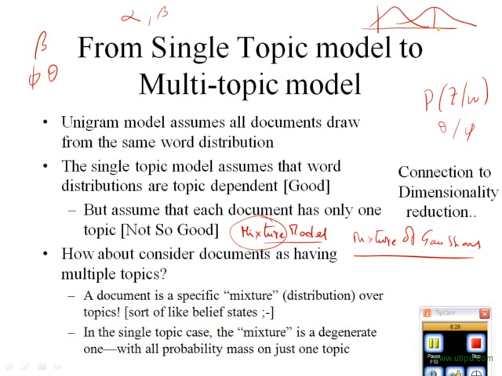These are unidimensional Gaussians. This Gaussian is likely to give x values here with higher probability, and values of x going far away will have lower probability. And this one will have these x values with higher probability. Now if I see a bunch of points, the question of course is, suppose I see this point, is this point being generated by this Gaussian or this Gaussian?